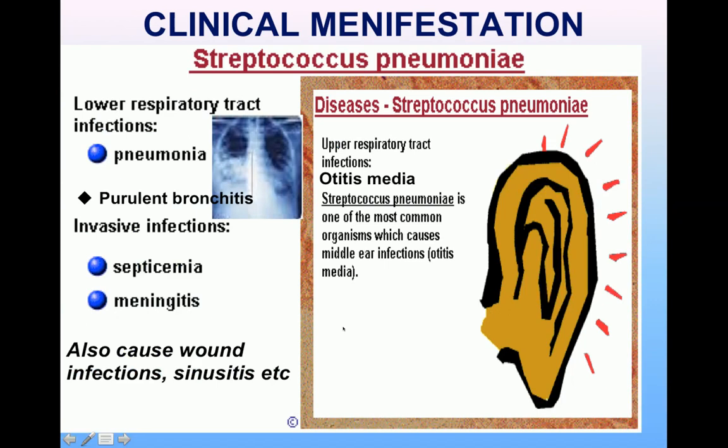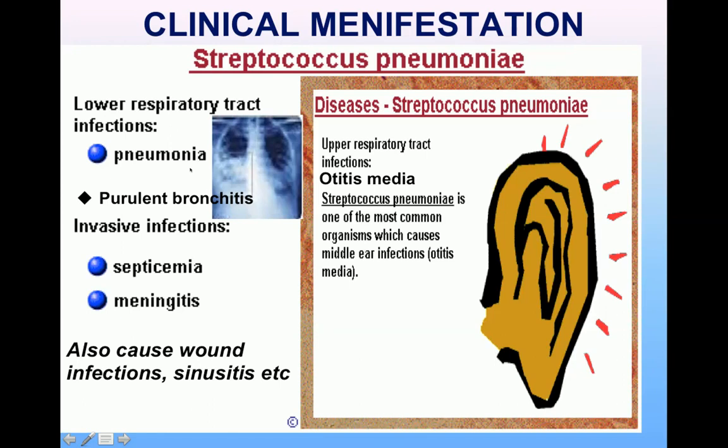Coming to the clinical manifestations of this organism. Streptococcus pneumoniae is responsible for a large number of clinical diseases. The most important are the lower respiratory tract infections like pneumonia or purulent bronchitis. 25% of all adult pneumonia is because of Strep pneumoniae, and 75% of these are due to 9 serotypes.